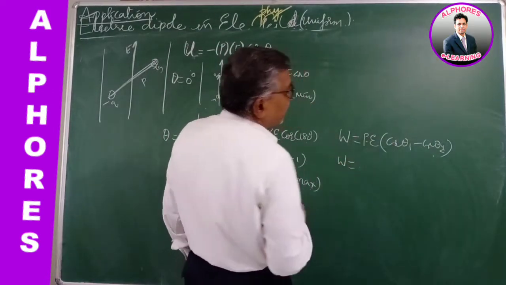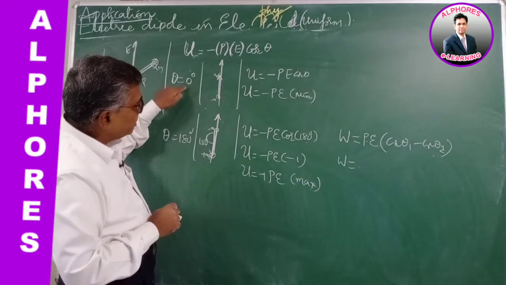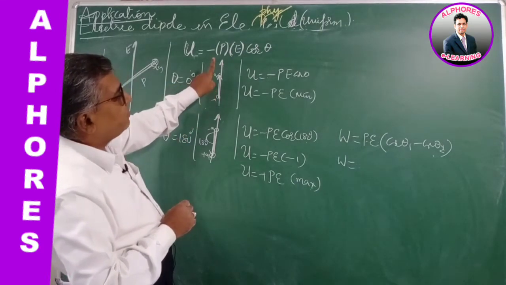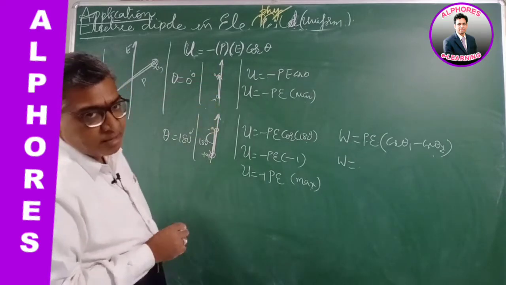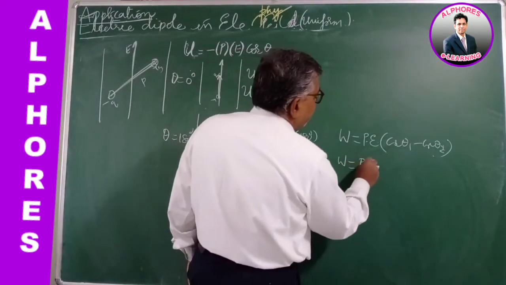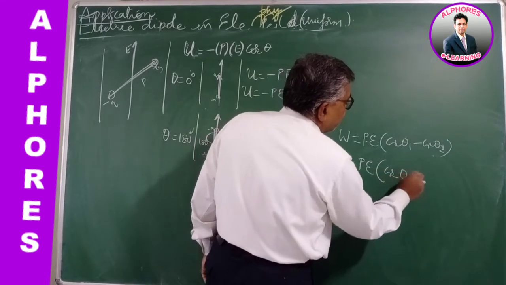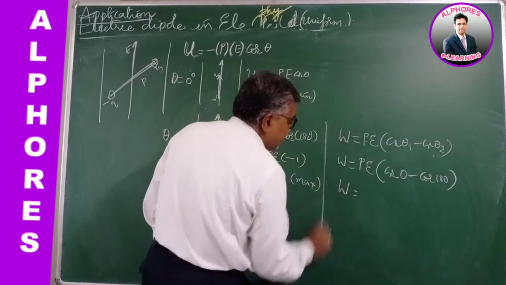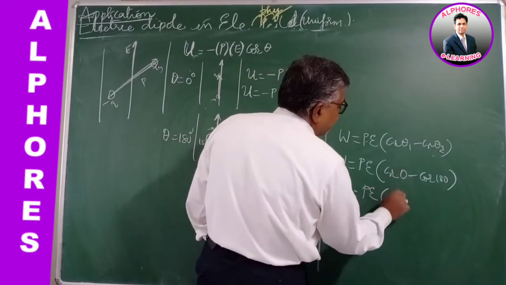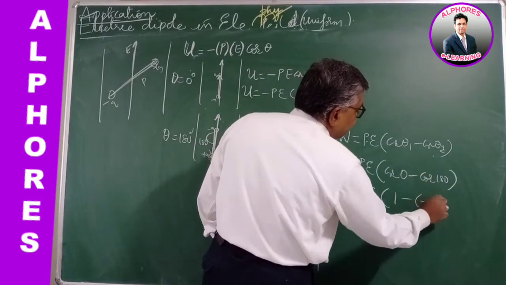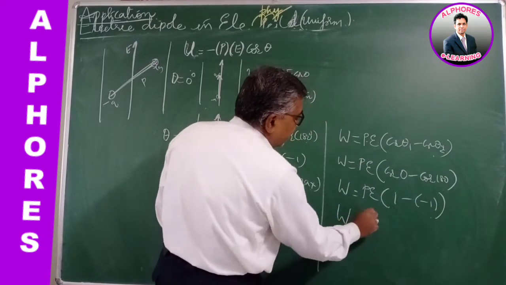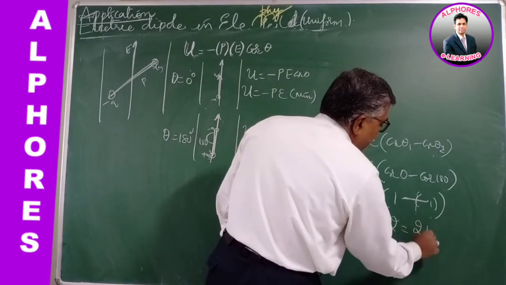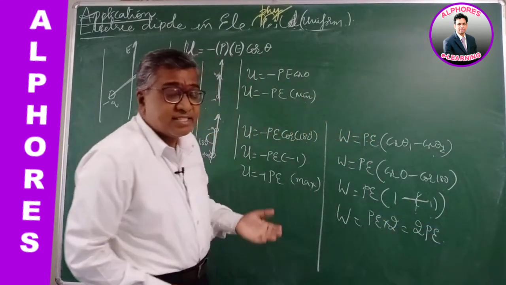Now the work done in rotating from the position where the dipole is parallel to the field to the position where it is anti-parallel to the field is PE times cos 0 minus cos 180. Cos 0 is 1 and cos 180 is minus 1, so the work done is PE times 2, that is 2PE.